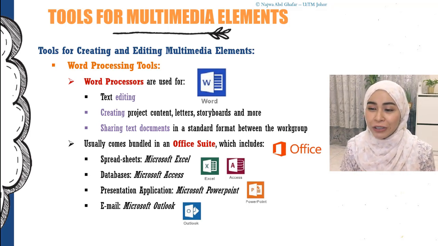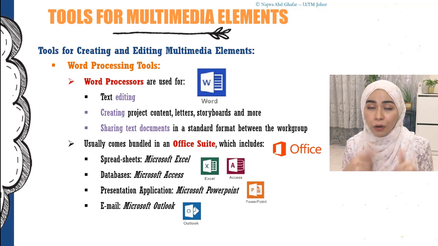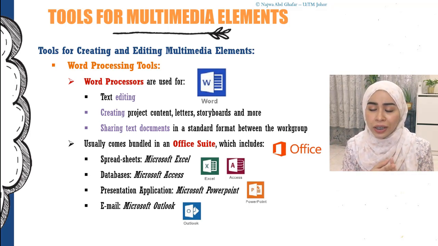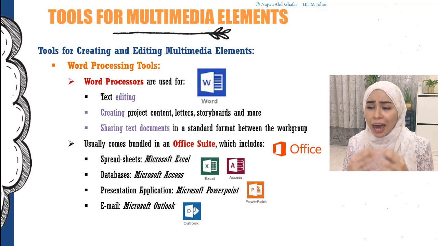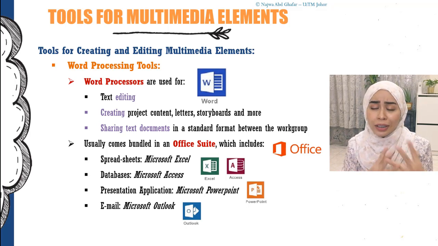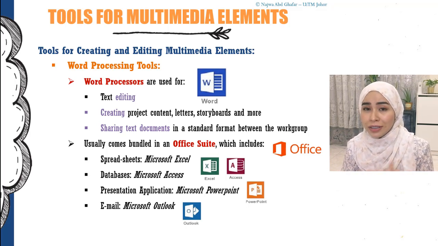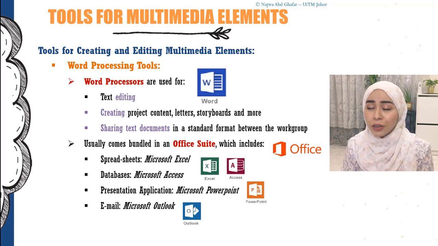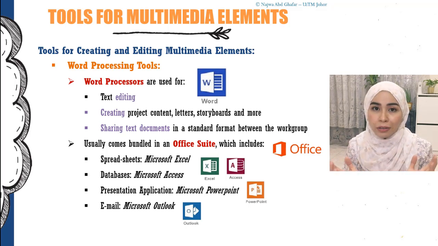If you purchase an Office suite, usually inside there it comes with your word processors, spreadsheets, databases, presentation application, and email. You have Excel for your spreadsheets, Access if you want to create a database, PowerPoint for presentations, and Outlook for email. Usually this comes bundled and it's called an Office suite.